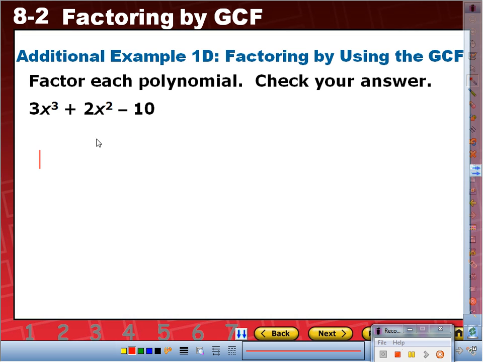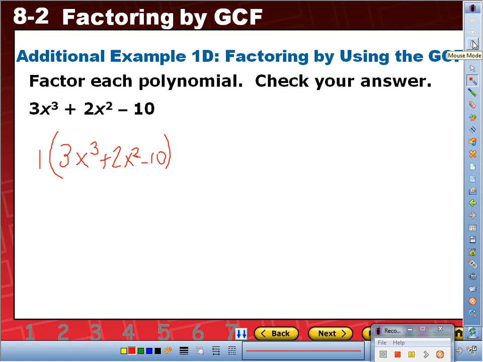If there isn't, then therefore 1 times 3x cubed plus 2x squared minus 10. And it's obvious if we check it, it will be the same, right? Yes. Okay, what if number 10 has a cube? Nothing. Same thing.